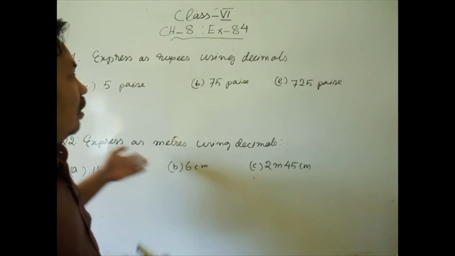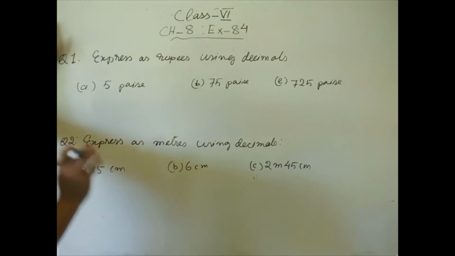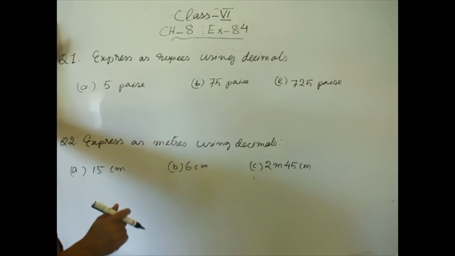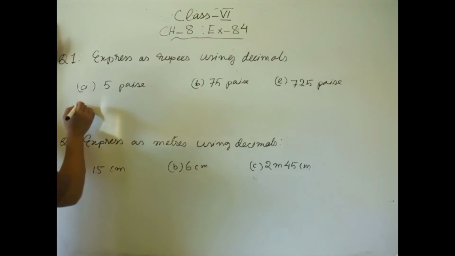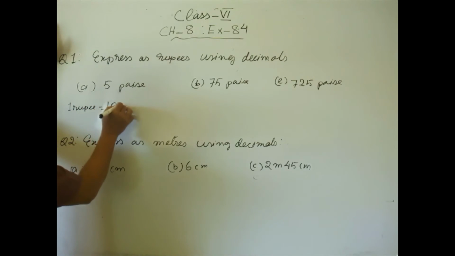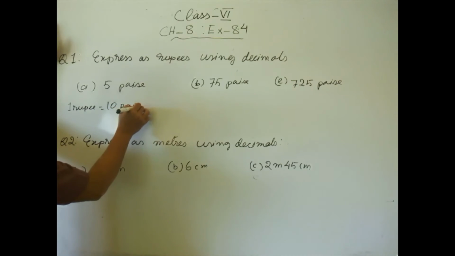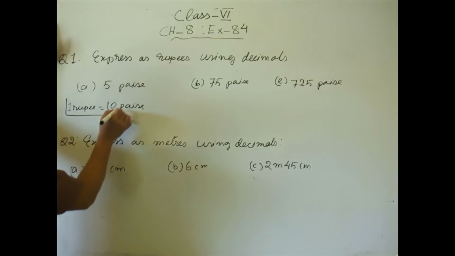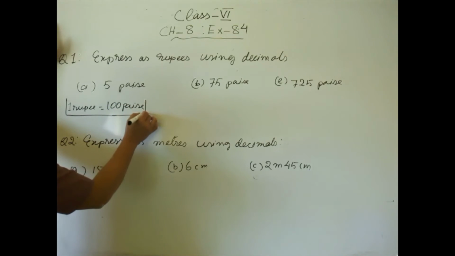First of all, what we have to know is how many paise there are in 1 rupee. 1 rupee is equal to 100 paise, isn't it?